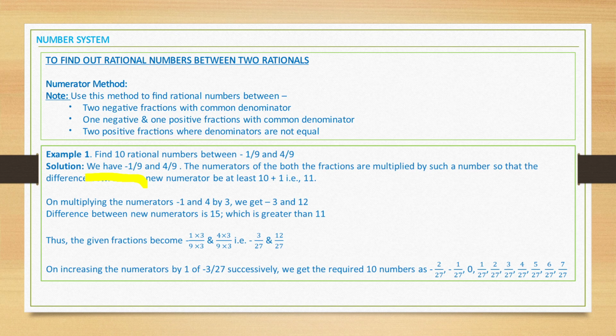So on increasing the numerators by 1 successively, we get the required 10 numbers. These are the 10 required numbers. We have some more numbers till 11 by 27, but the question requires only 10 rational numbers, so it's enough to show any 10 rational numbers between those two rationals.